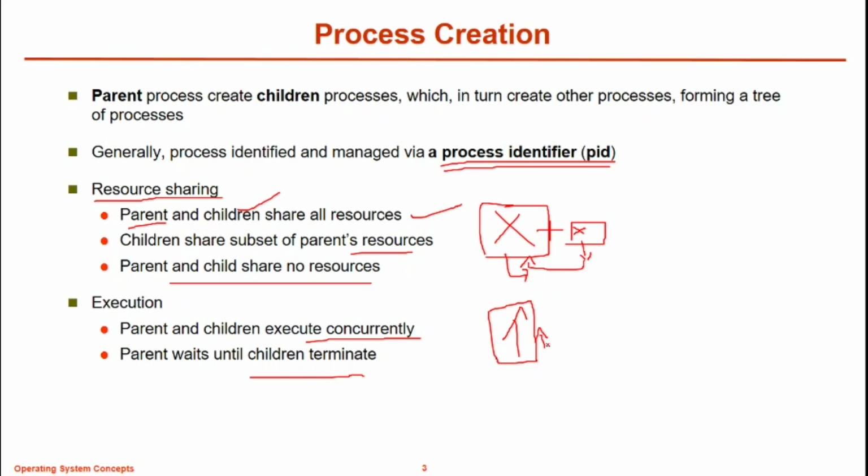The child first gets terminated, and only then does the parent get terminated. Since the parent has completed its task, it has to wait for the child to complete its task. Till the child completes, the parent process cannot be terminated. Once the child process gets terminated, then the parent gets terminated.